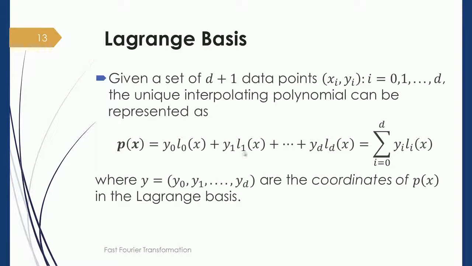And so these coefficients y sub 0, y sub 1 and so on up to y sub d are the coordinates of the polynomial p of x in this Lagrange basis.